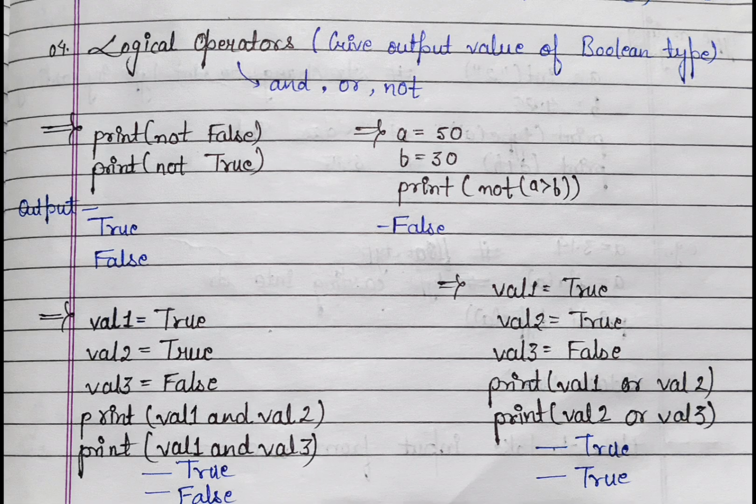It is the only work of the not operator to give the opposite of whatever is written in front of it. So the first line will give the output true, and in the second line it is written print and in parenthesis not true, which means it will give the output which is opposite of true, that is false.